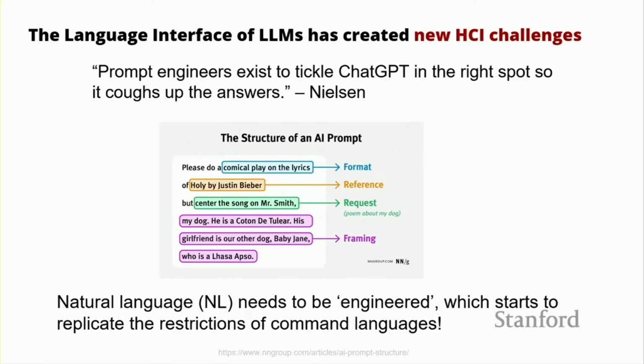In real settings, you often need to engineer the way you frame a prompt enough that it starts to look a little bit like command line languages, where you need a format that matches some templates to have any luck with anything non-trivial.